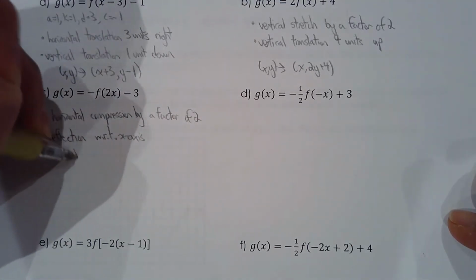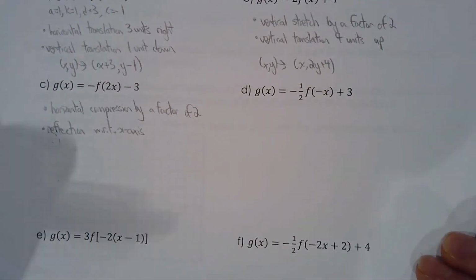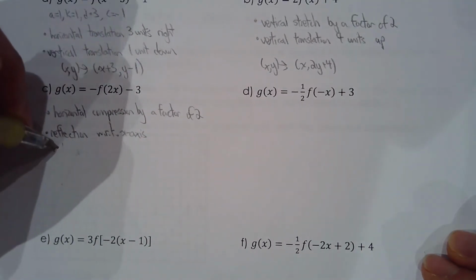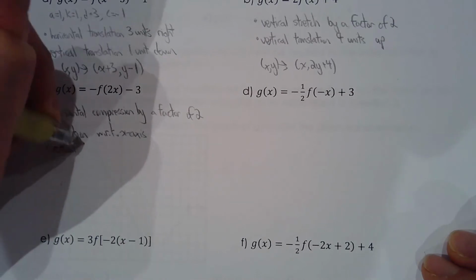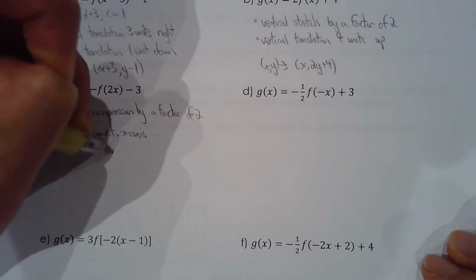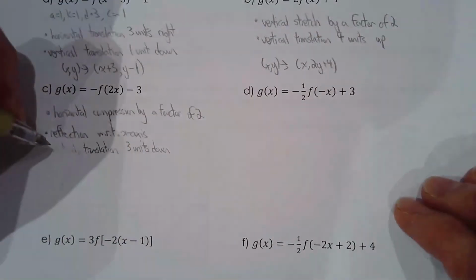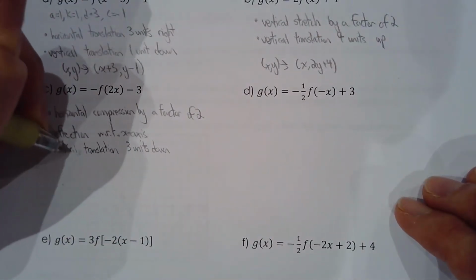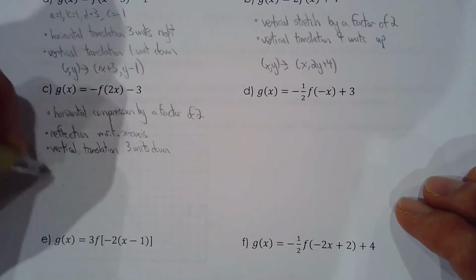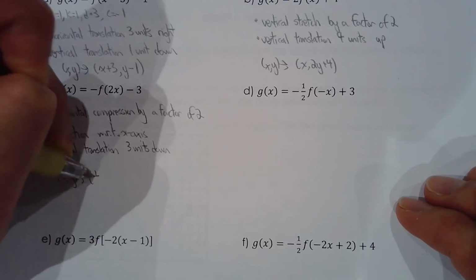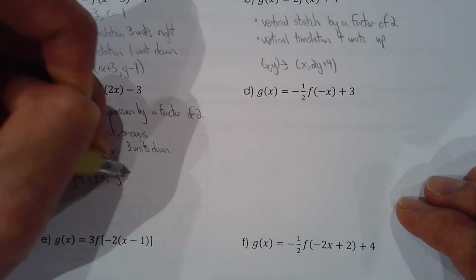Vertical translation, 3 units down. Let's try one more time here. All right, so we've got xy, it becomes half x and then negative y minus 3.